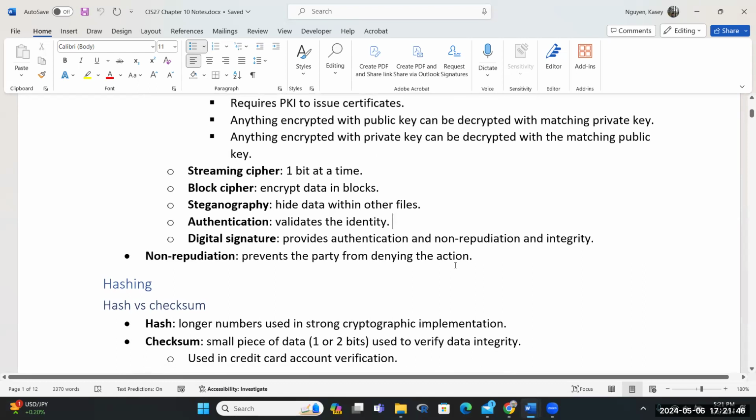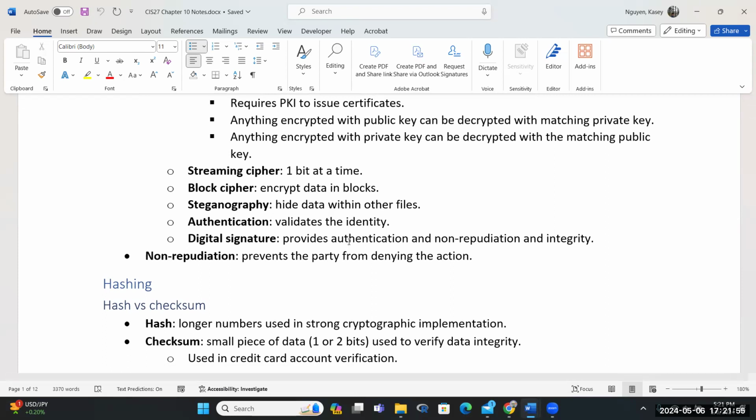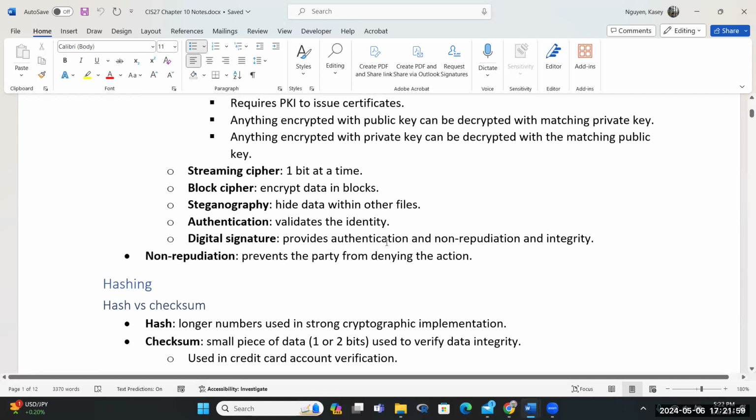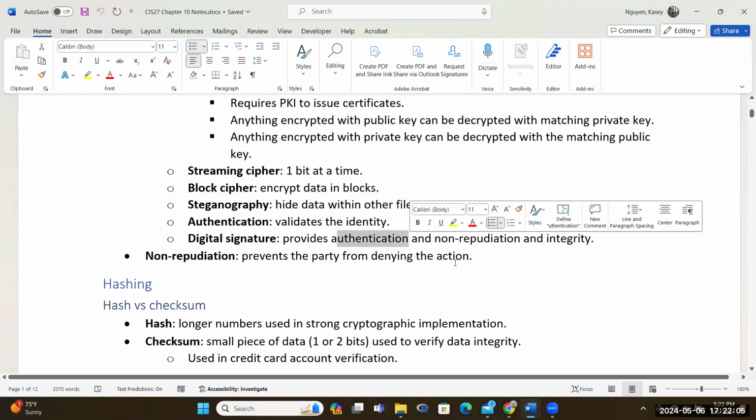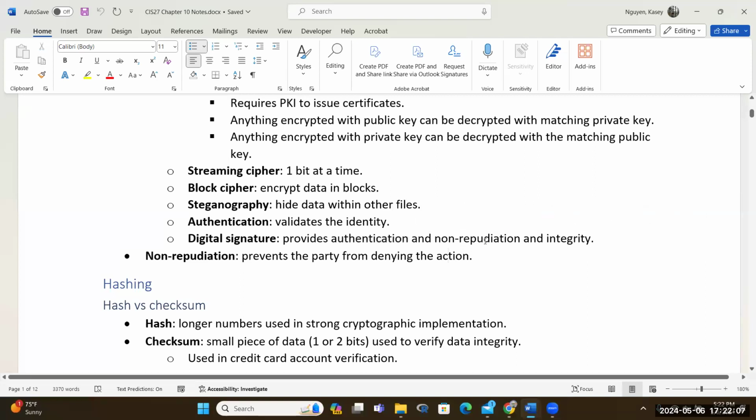Digital signature, it is a way that we would tell the system or others that you are authentic, that the document is authentic, okay? So that means that you have to have authentication, either a passphrase or have some kind of access capability.